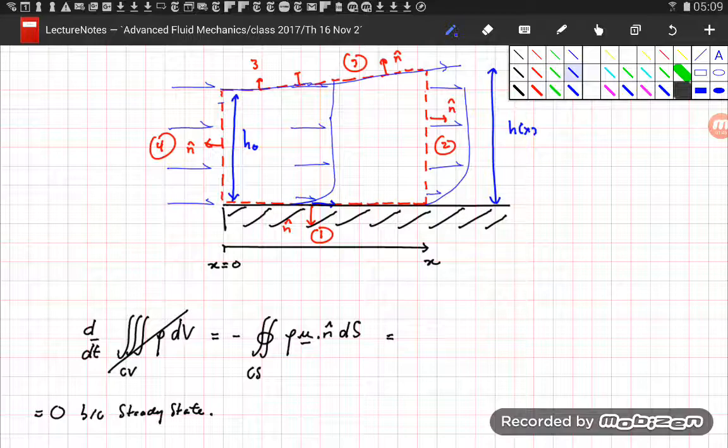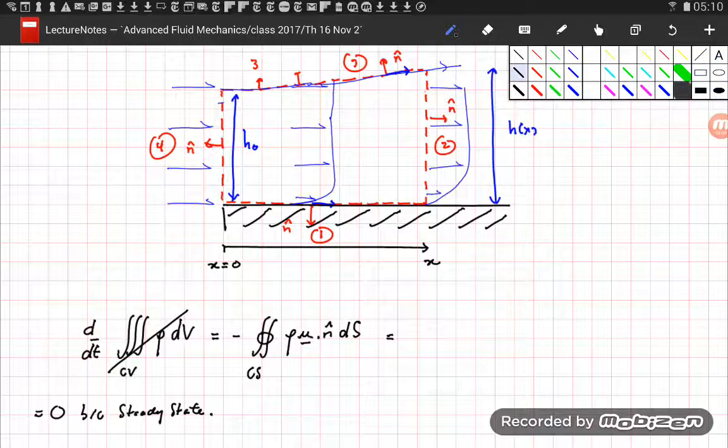And on the top surface, our velocity is along the streamline, and therefore there is no component in the normal direction. So there is no volumetric flow rate out of 1 and out of 3, and we only have to consider 4 and 2.